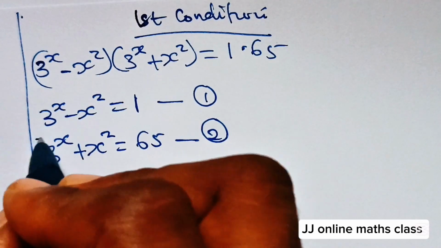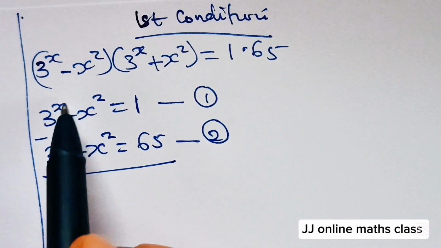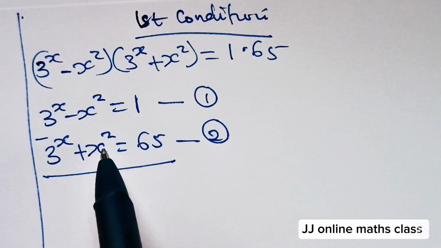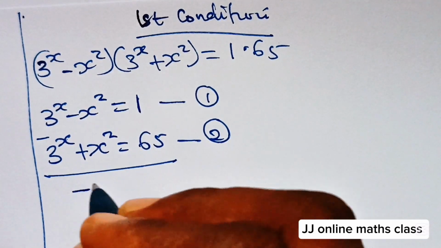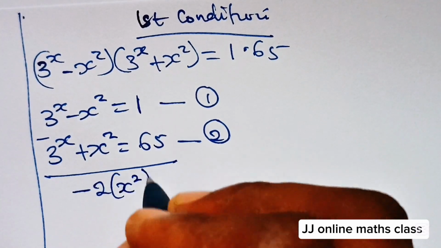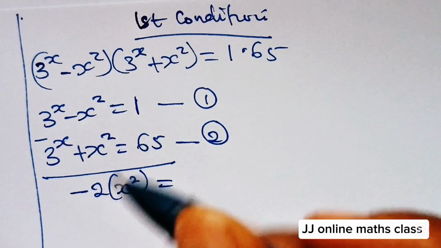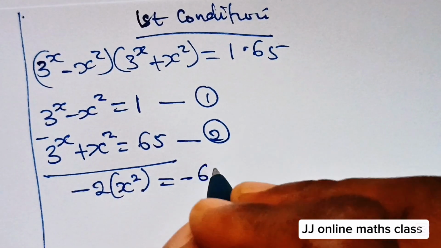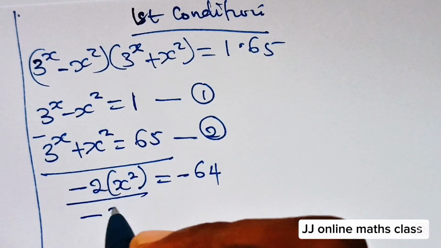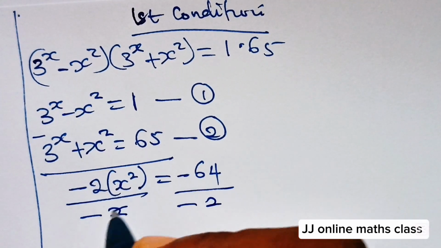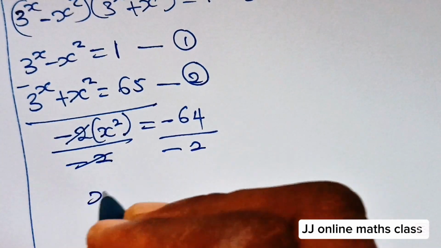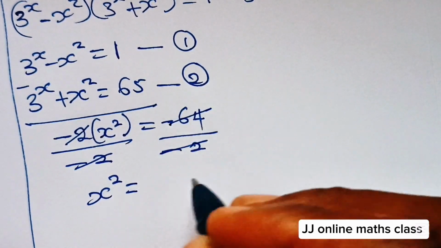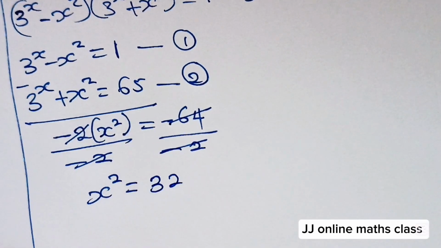Now we subtract: 3 to the power of x minus 3 to the power of x is 0, and minus x squared minus x squared gives us minus 2 multiplied by x squared, is equal to 1 minus 65, which gives us minus 64. So we divide by minus 2 on both sides, and we have x squared equal to plus 32.